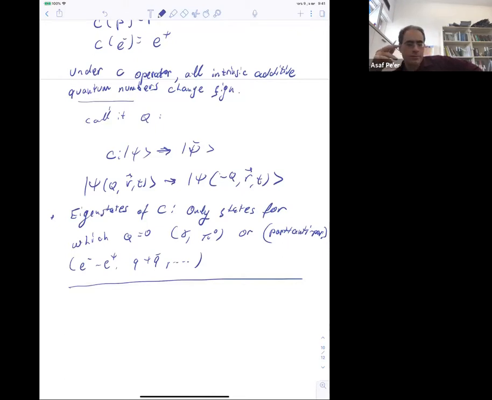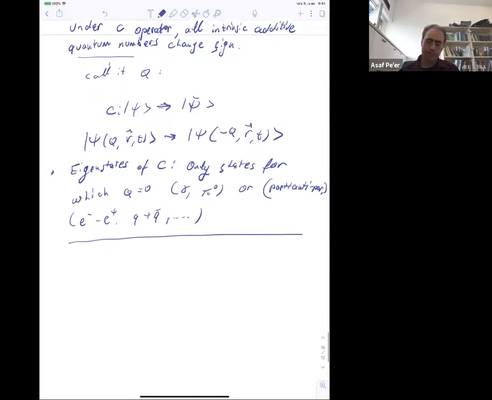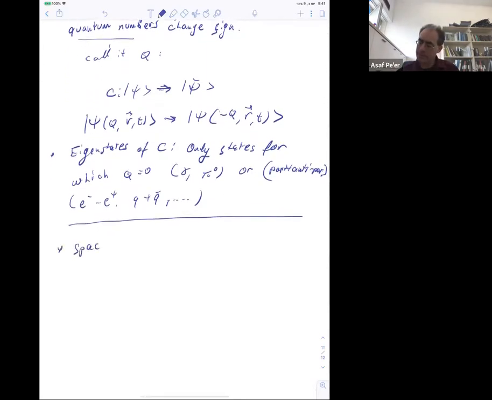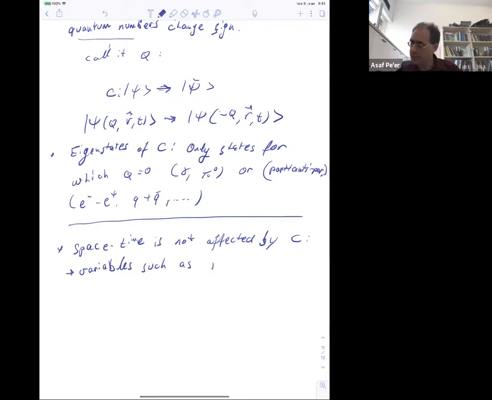So variables that depend on space and time, such as momentum and spin, do not change sign under C. Space and time are not affected by C. Variables such as momentum and spin are unchanged.